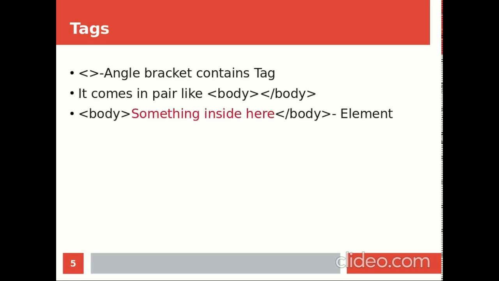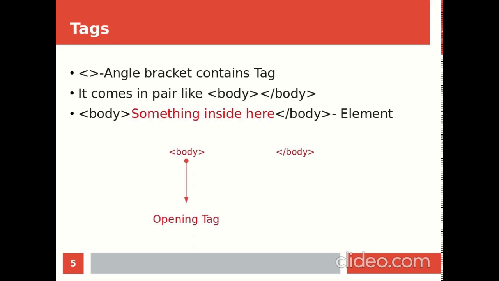So here the content, something inside here which I have mentioned, is the content between the tags. This is called an element. Now I'll explain the difference between the first body which I have given and the other body with the slash. The first body is the opening tag.